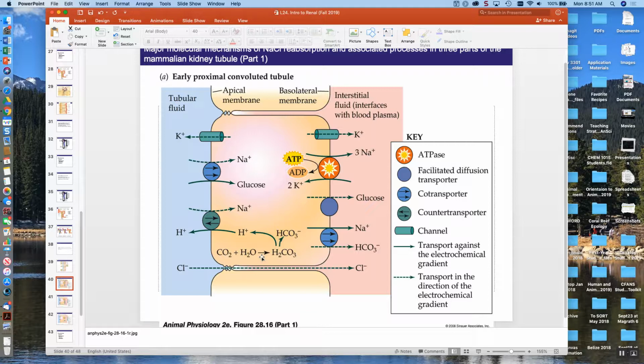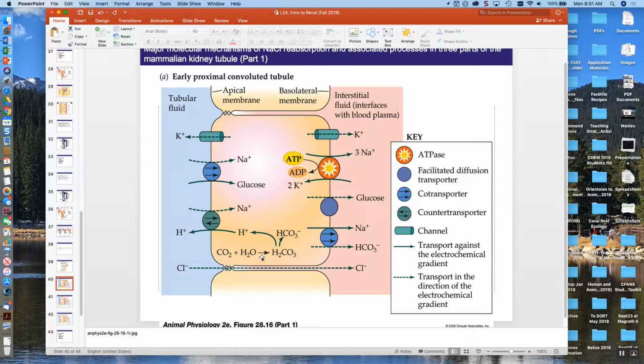Carbon dioxide and water is converted to carbonic acid. And then that is converted fairly quickly to protons and bicarbonate. And these are bicarbonate ions.